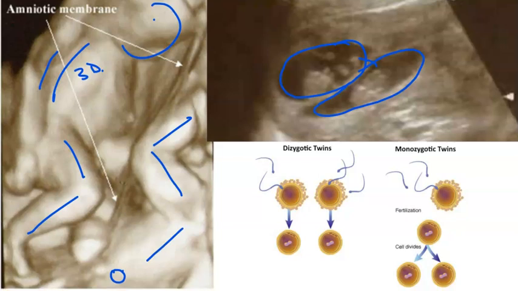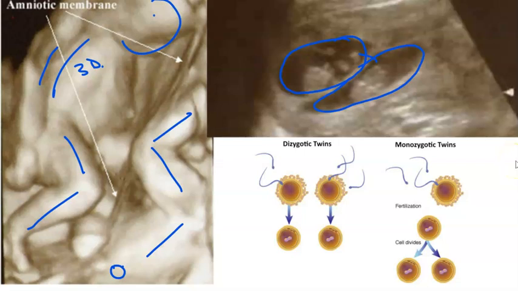So let's just explain a little bit about what dizygotic and monozygotic means. Dizygotic at the cellular level means that we have two egg cells, genetically different to each other, fertilized by separate sperm cells, resulting in two entirely separate zygotes, two entirely separate embryos, and then fetuses and children, as different as any two children could be from parents, except that they enjoyed the same uterus and development during the pregnancy.